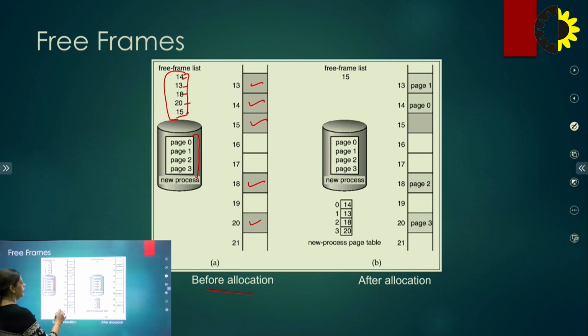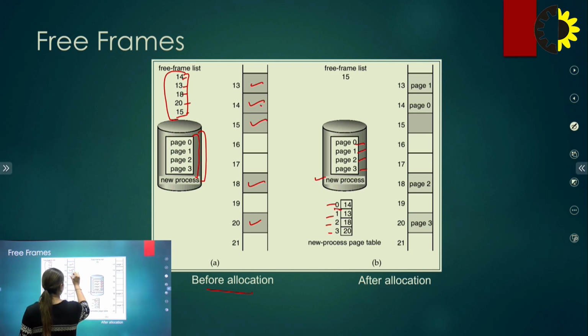Now we will write how these pages will be used by this new process, and those pages will be mapped to the memory. Now see here, pages 0, 1, 2, 3, and wherever these frames are kept. Page 0 is kept on 14th, so this will be mapped here.